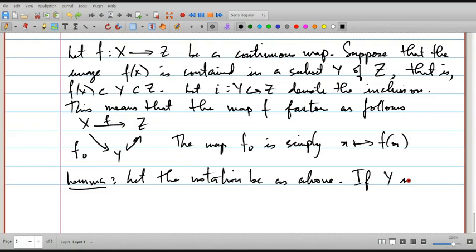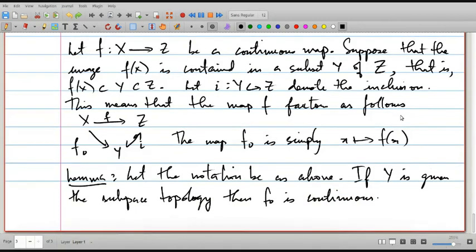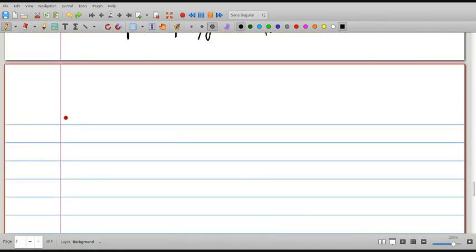If Y is given the subspace topology, so this map is i, then f naught is continuous. So let us prove this. So proof.